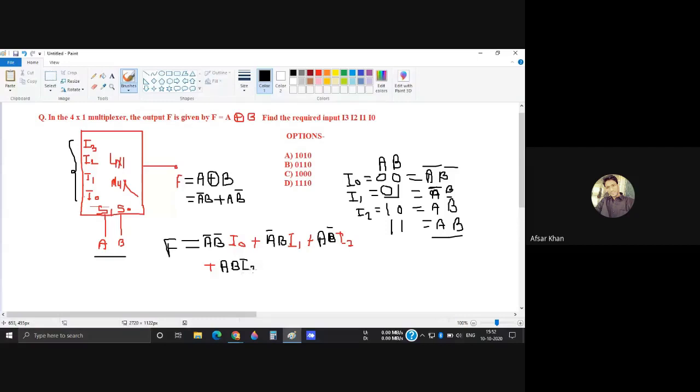Now the function is given as XOR. Listen, it is the important step. Only A bar B and AB bar should be there in that expression. Other terms should be removed. So tell me where is A bar B and where is AB bar in this expression? In I1 and I2.